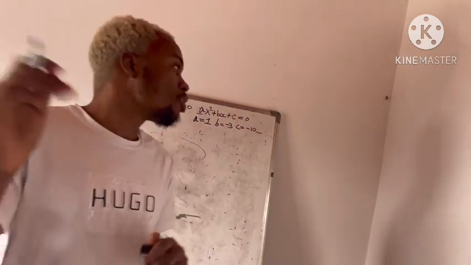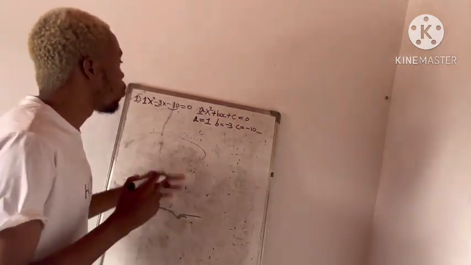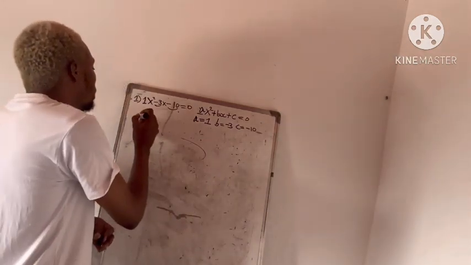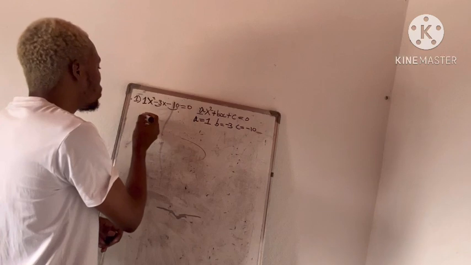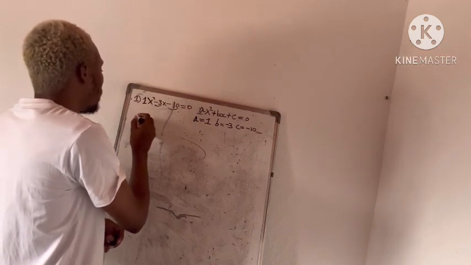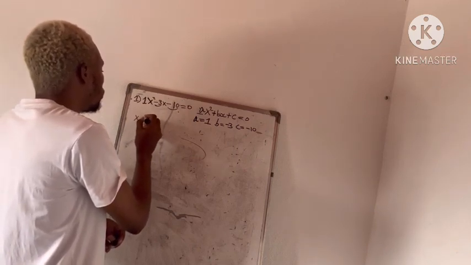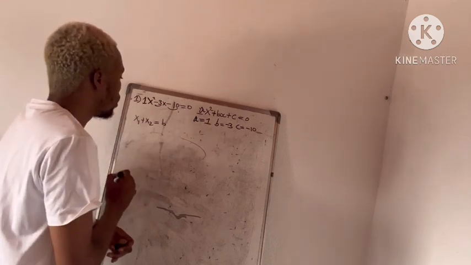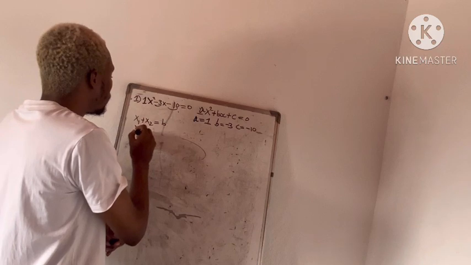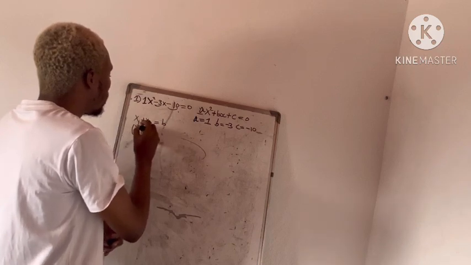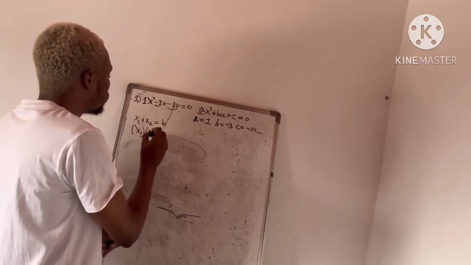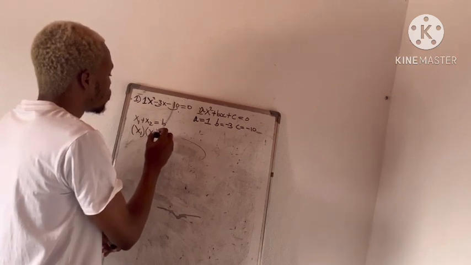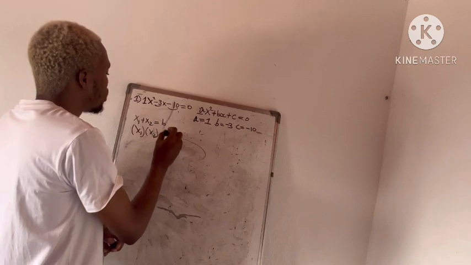What two numbers, let's say x1 plus x2, if I add, is going to give me B? And those same two numbers, if I multiply, is going to give me AC.